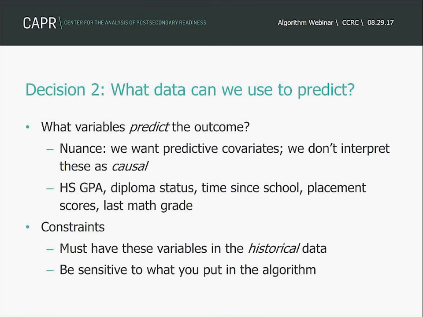The key issue is you need to have historical data with that measure of grit and observing students' grades in their college level course. So if you were to implement a new measure, and we'll talk about this towards the end of the webinar, you'd have to collect data on that measure of grit and then watch those students until you can observe their grades in their first college level course. So we'll come back to that question about incorporating new measures, but I wanted to make that clear here with the historical data as well.